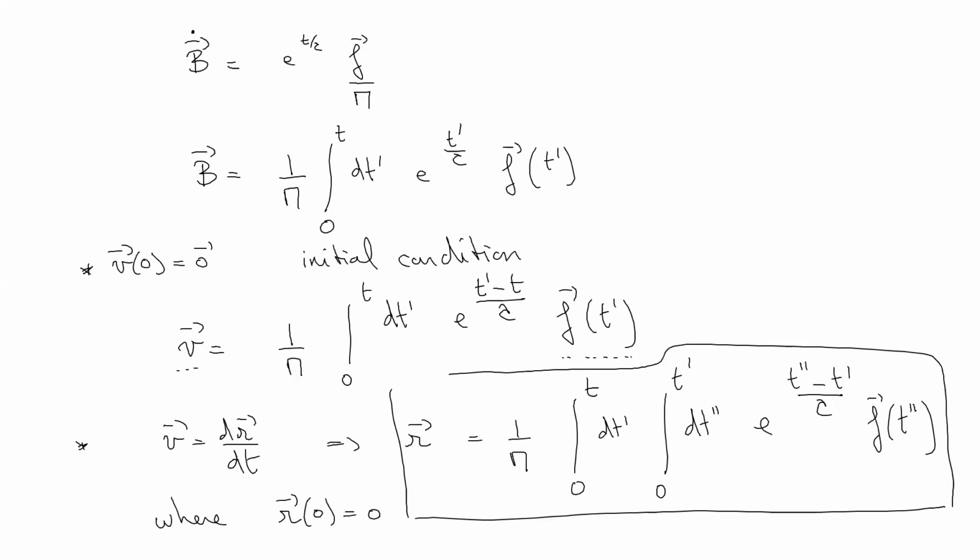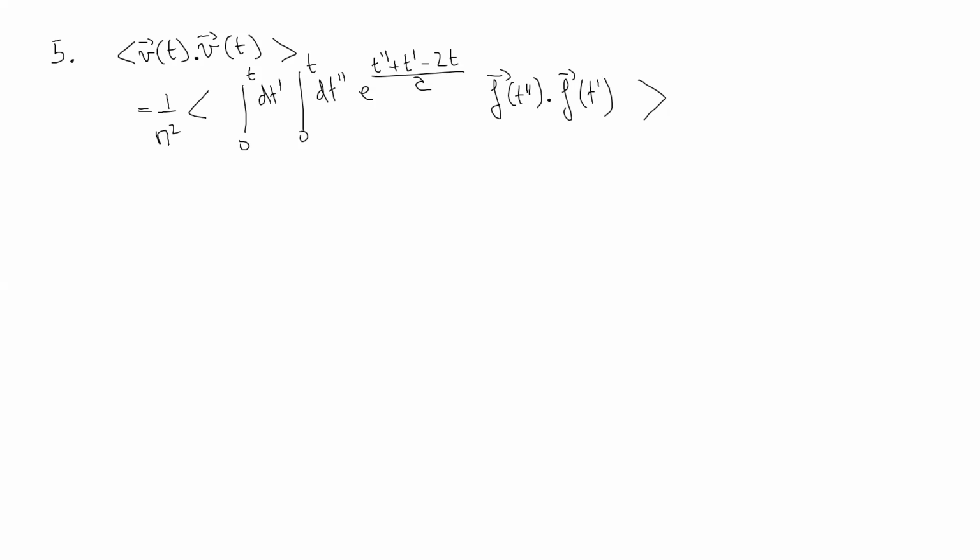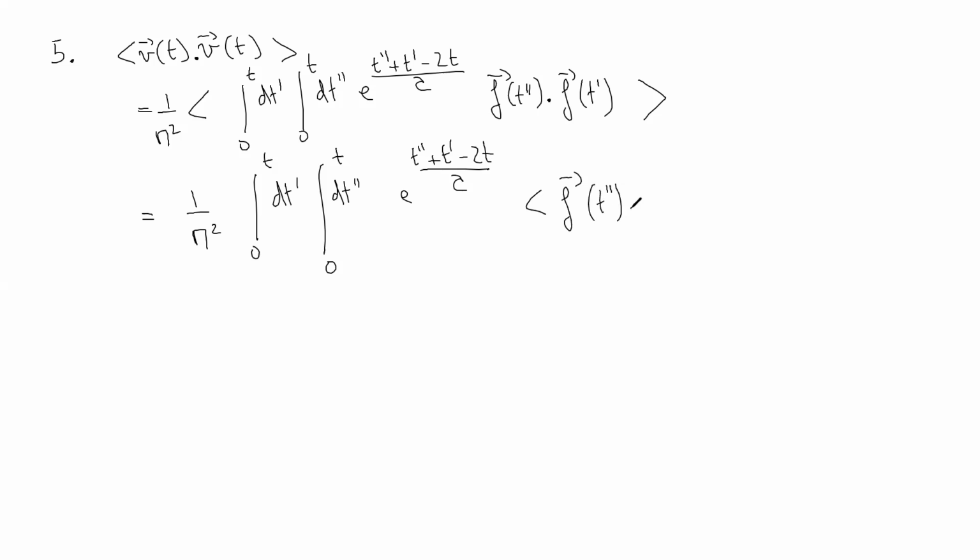All right. So this is the average of v squared, and I can invert the integrals and the average symbols because they are all linear operations, and end up with the double integral. The kernel is a deterministic quantity, and then the correlator of the noise of the force, the thermal force.